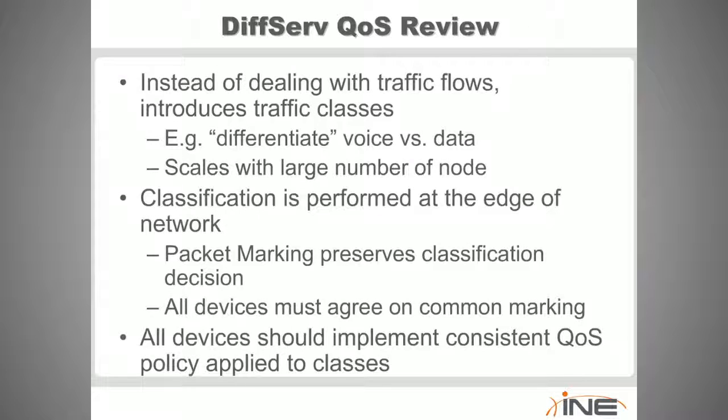Now, in today's networks for voice and video, the way that we are going to implement this is with a system that is known as the Differentiated Services QoS model, or the DiffServ QoS.